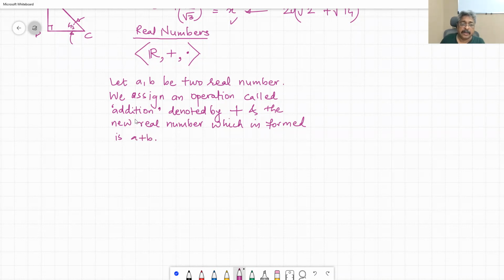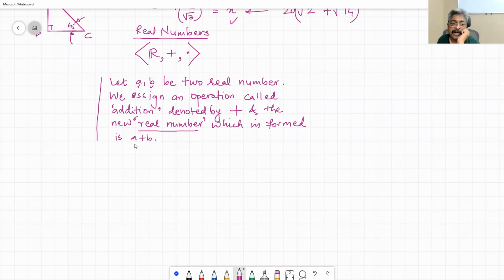Now here, maybe you can have the wording a little different, but the meaning I would like to say is this: the word real number is important here. What do we mean by addition? If we have been given two real numbers A and B, then we would like to assign an operation to them called addition.